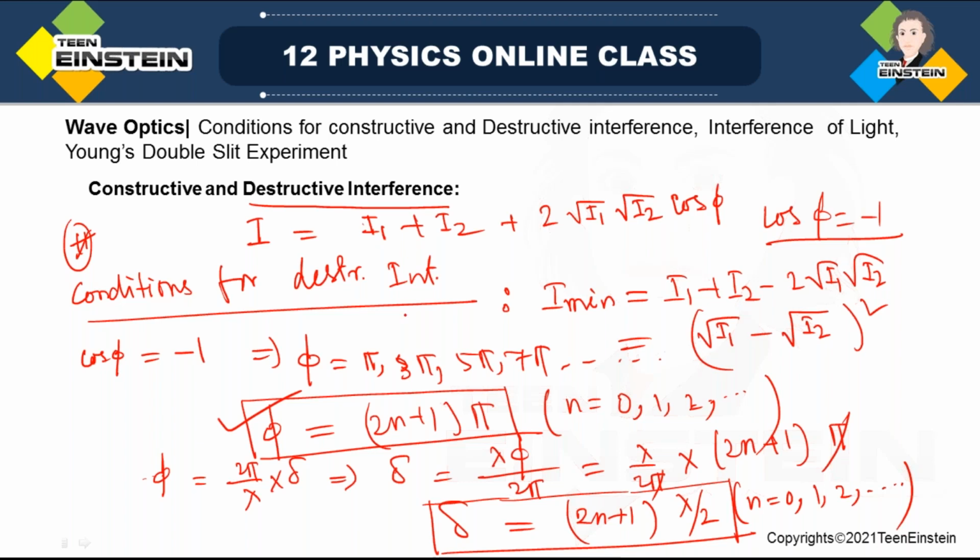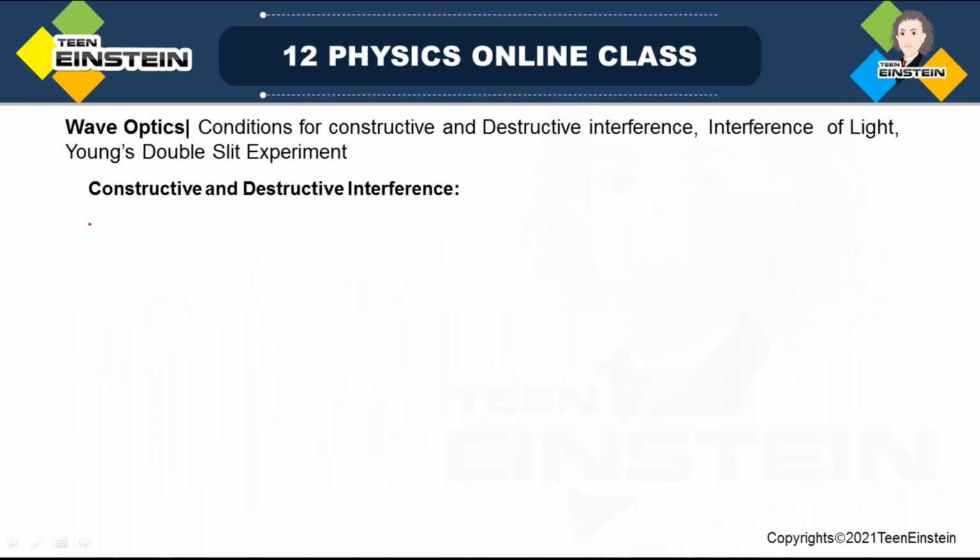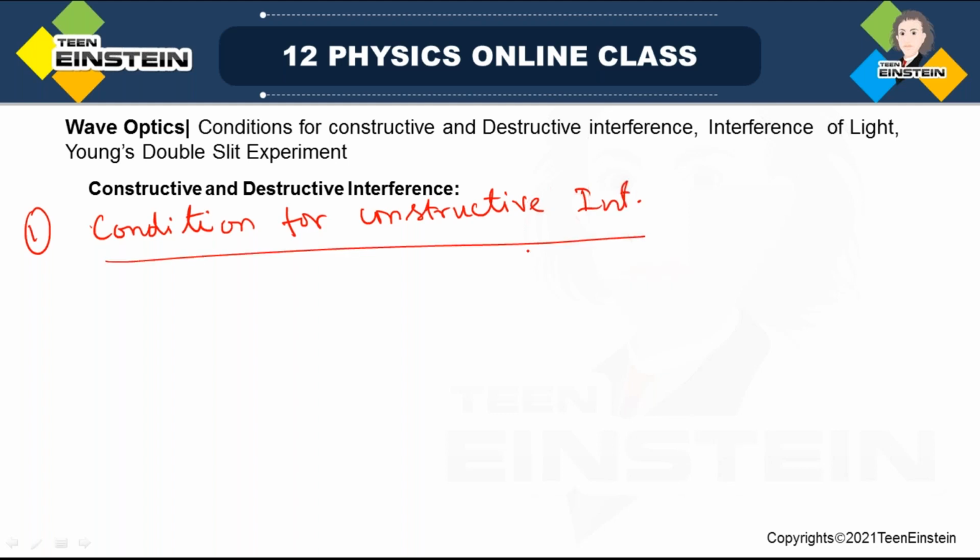So let me write the conditions for constructive interference together now. Constructive interference: the phase difference has to be 2n pi.